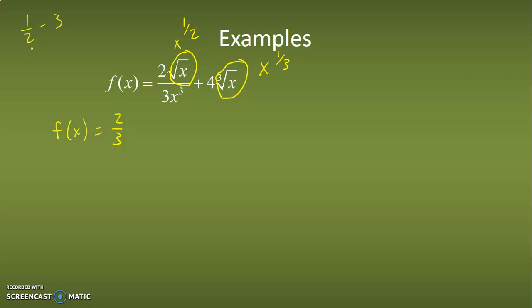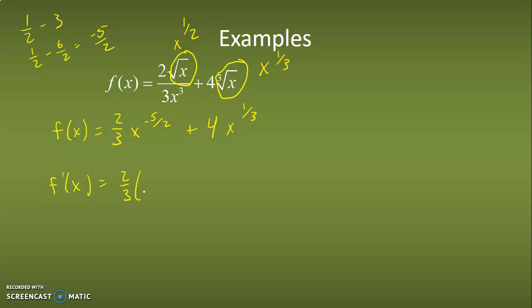So 1/2 minus 3, or 1/2 minus 6 halves would be negative 5 halves. So 2/3 x to the negative 5 halves plus 4, and I'm going to rewrite this as x to the 1/3. Now I can actually take the derivative because they're both in the power rule.